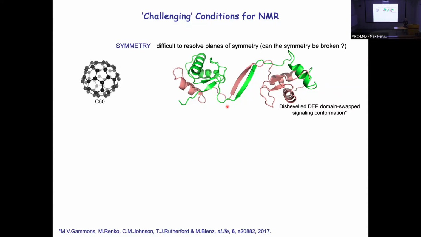However, the symmetry may be an interesting and vital constraint for elucidating what your model is. So, for example, in the elucidation of the structure of C60 Buckminster fullerene, one of the key constraints was that the carbon NMR spectrum of these Buckminster fullerene balls showed that all of the carbons are in an absolutely symmetric environment.